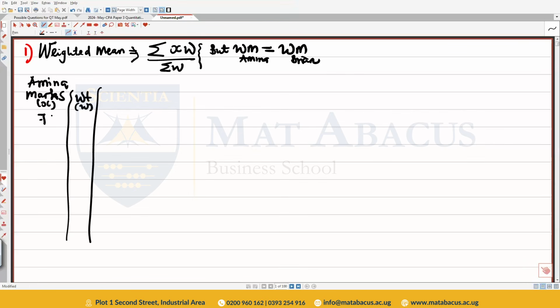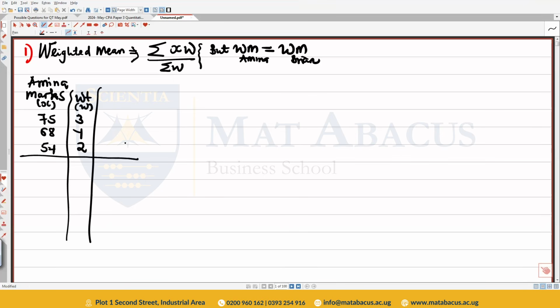Amina got 75, and that one generates a weight of 3. Amina got 68, and that one generates a weight of Y. The same Amina got 54, and that one generates a weight of 2.